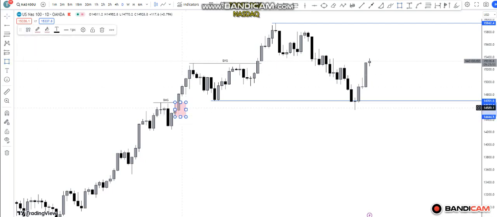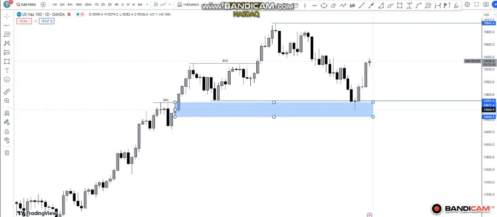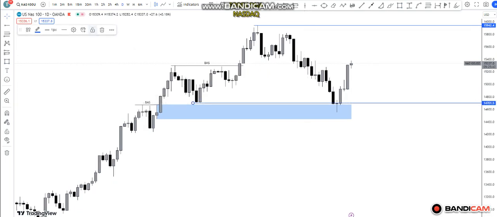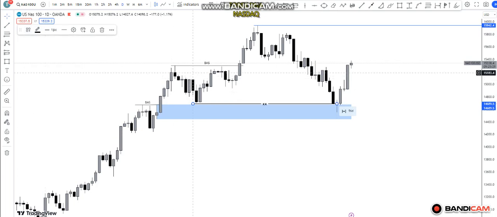After that, the market decided to go up. I will use a line here like this because the market wiped the liquidity.